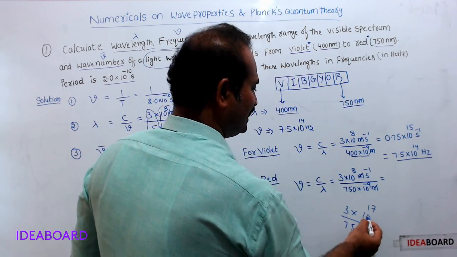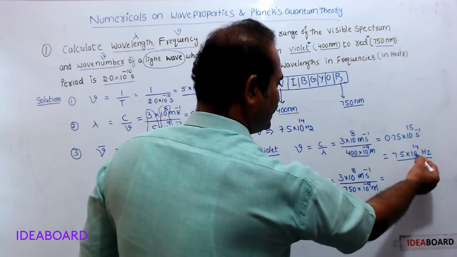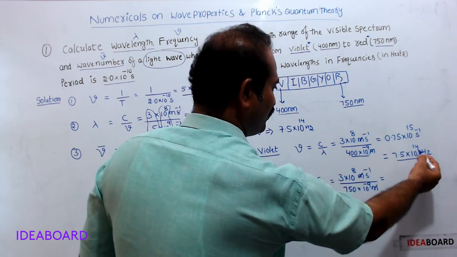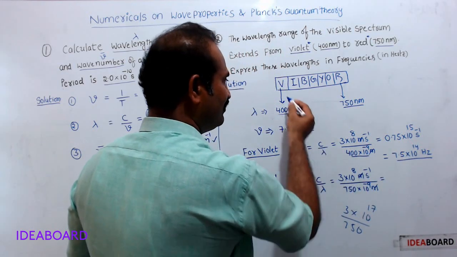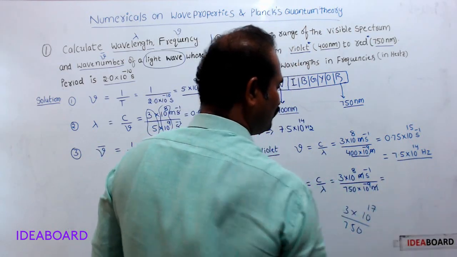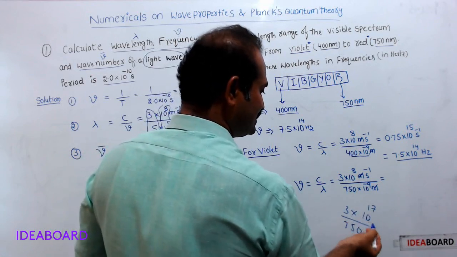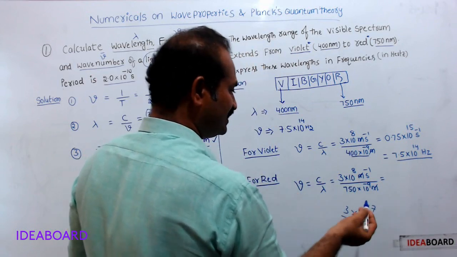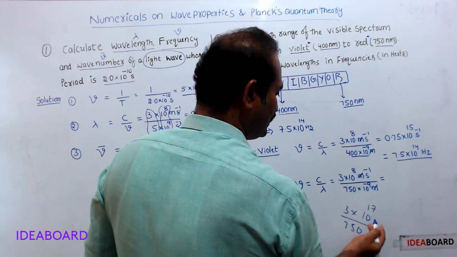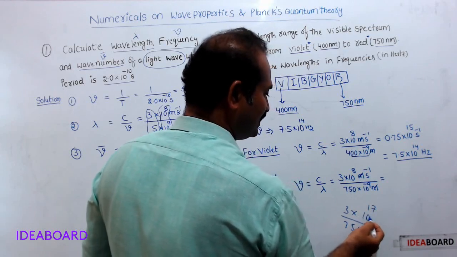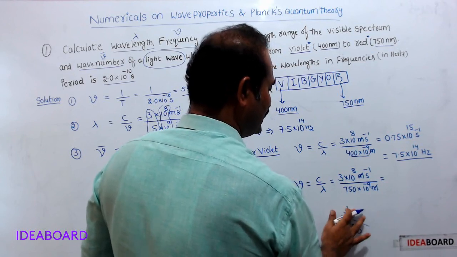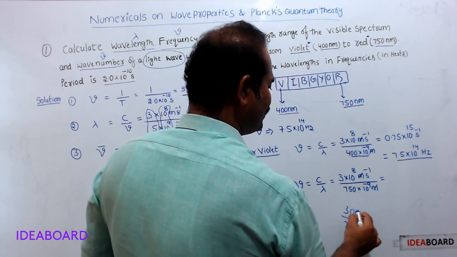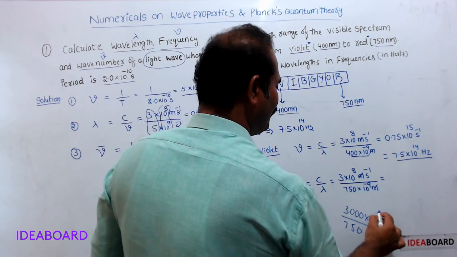Here we expressed the frequency of violet light in terms of 10 power 14. Here also I am trying to express the frequency of red in terms of 10 power 14. In order to get 10 power 14, I am splitting this into 10 cube into 10 power 14. 10 cube means 3000 into 10 power 14.